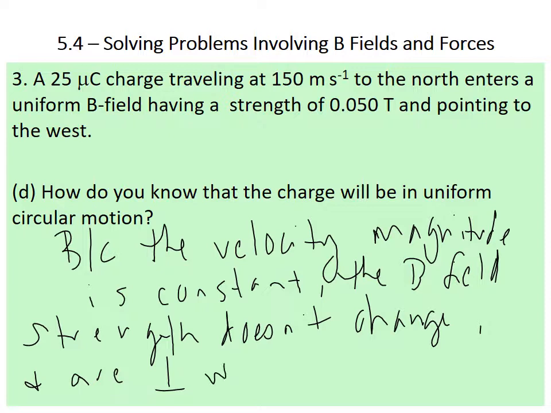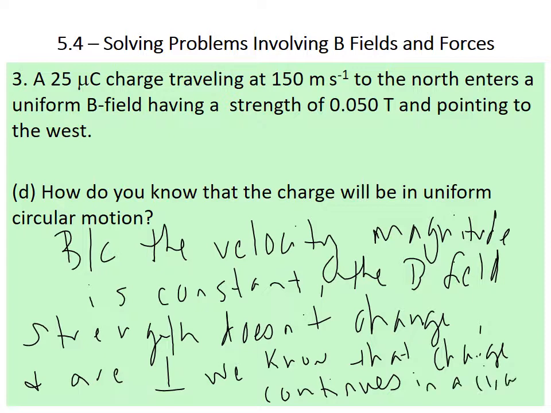We know that the charge continues in a circular path at constant speed. Something to that effect, because this is the way moving charges behave in a magnetic field. They act as though there's a centripetal force guiding their motions, and they display circular motion behavior.